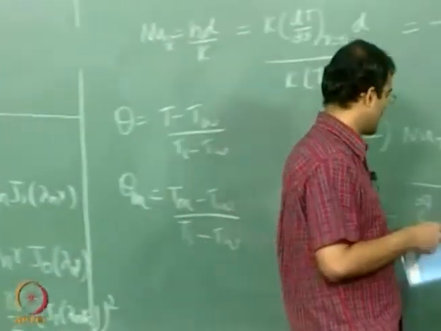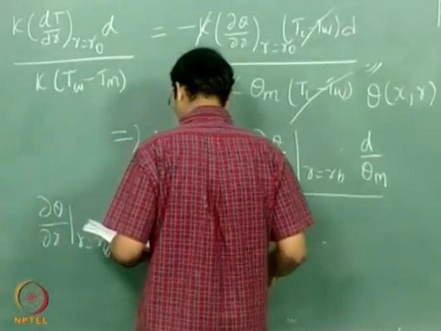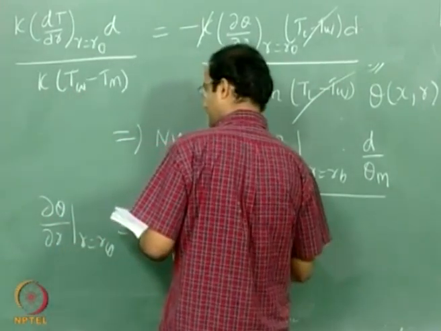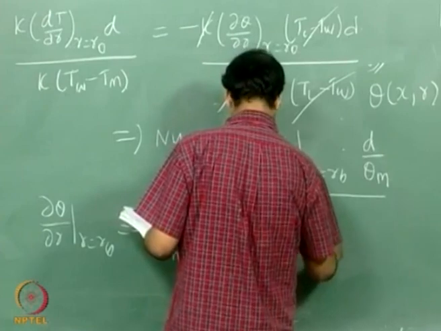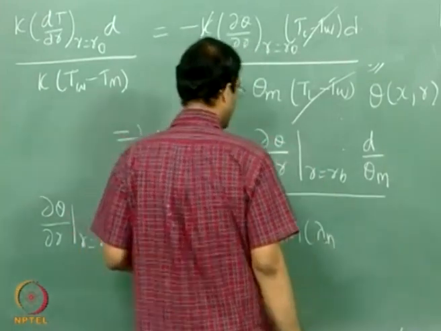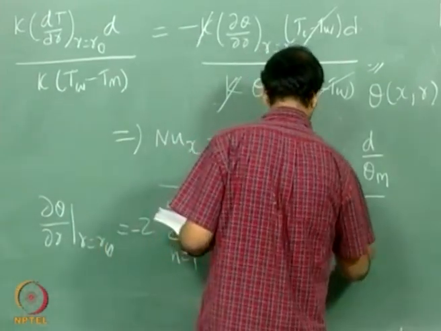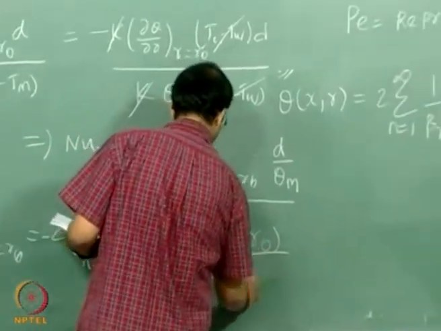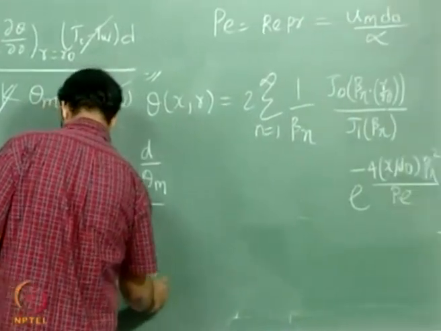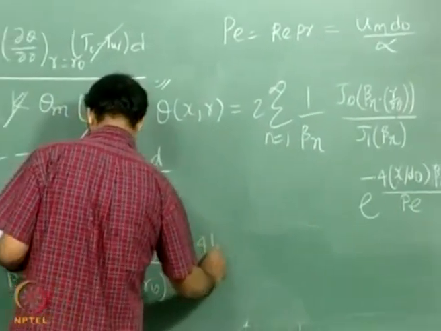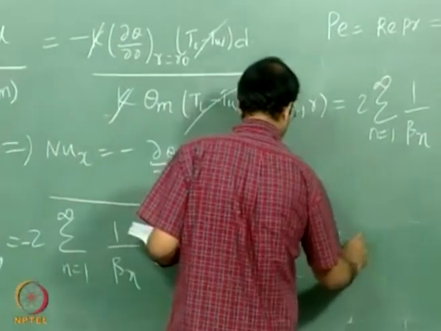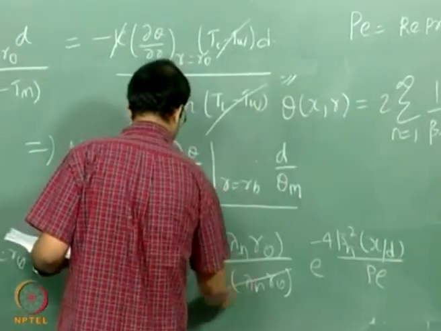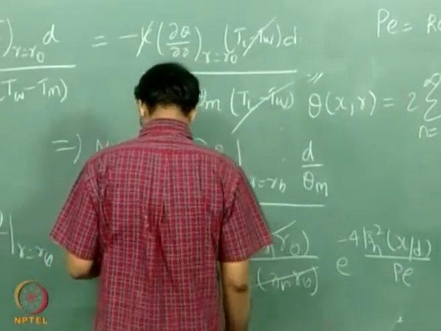Okay, so that will put a minus sign here, so this will be lambda n J1 lambda n r, and at r equal to r naught, divided by, you already have J1 lambda n r naught into e power minus 4 beta n square x by d by Peclet number. So once again these two will cancel off.